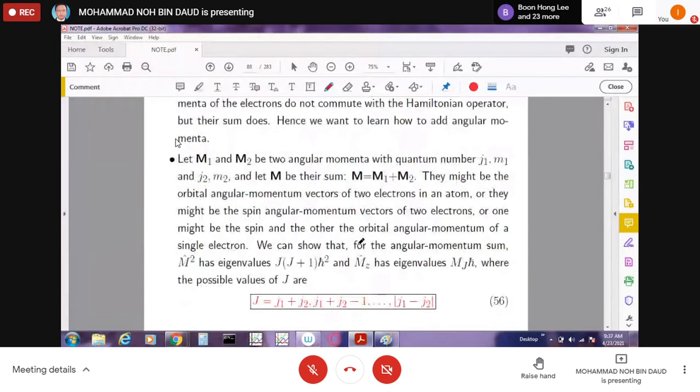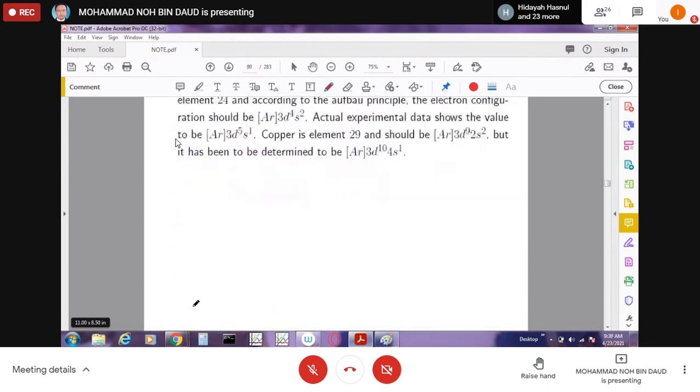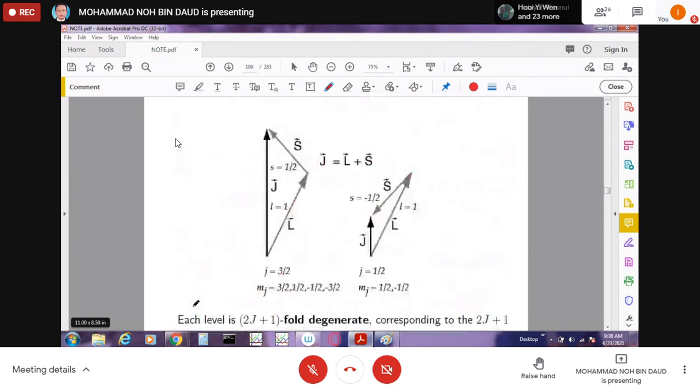This, you can simply use this rule for equivalent electrons. And we know that closed shell electrons are always equivalent electrons. And we have this one as electron, two electronic configurations here in these examples.